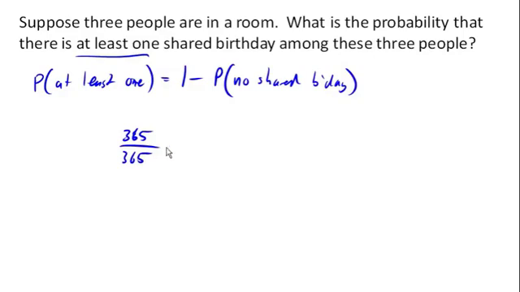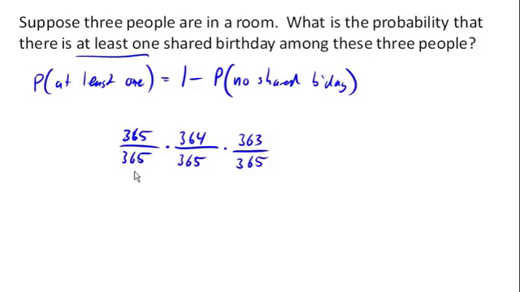Now, the second person, in order for them to have a different birthday, has to have a different one out of the 365 days in the year, so they only get 364 choices. And then our third person in the room is only going to get 363 choices. And so this is the probability of no shared birthday, the probability that each person has a different birthday.